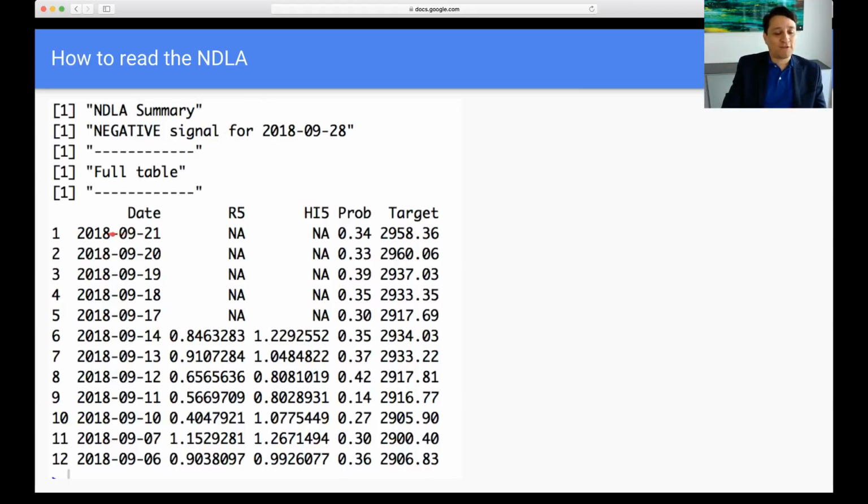You get the date of the prediction. Ignore this for now. You get the probability of the prediction, and this is kind of the target area. It's a shortcut for you. This is the 1% move based on the closing value of the SPX.